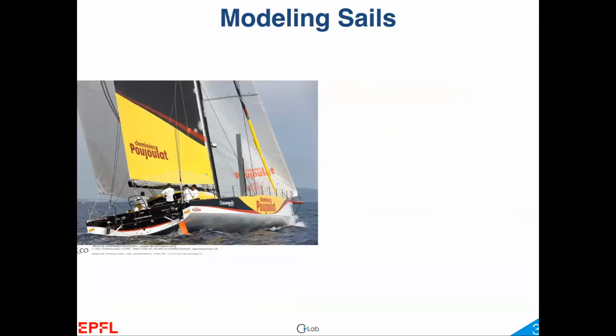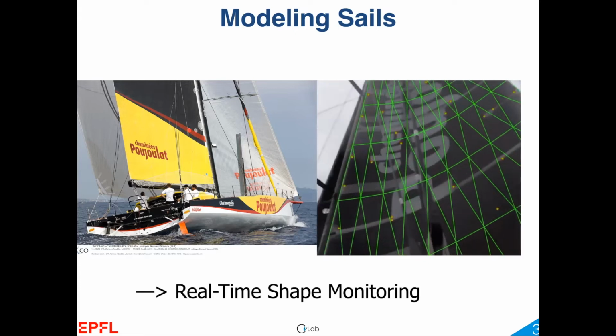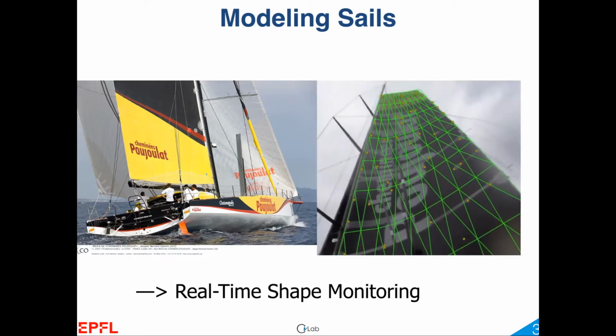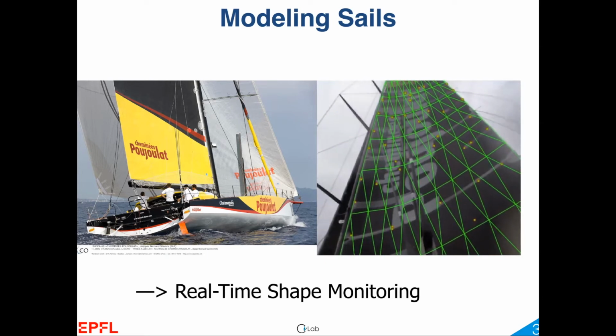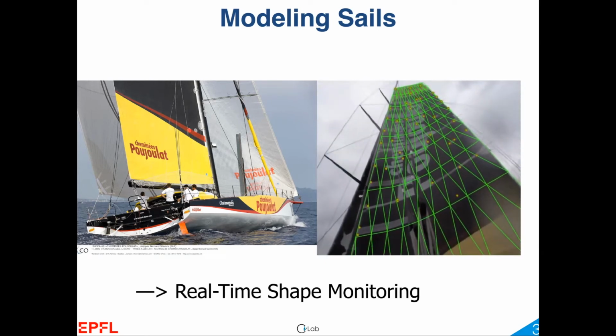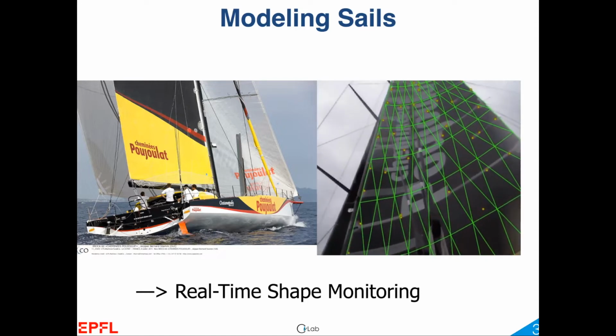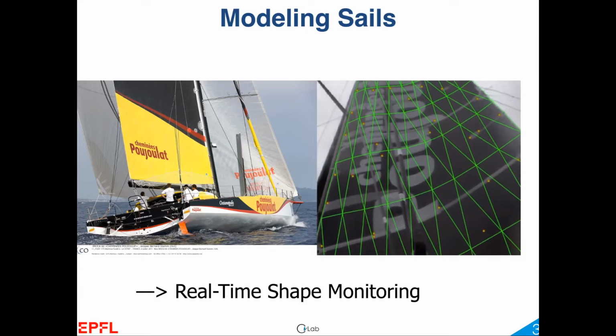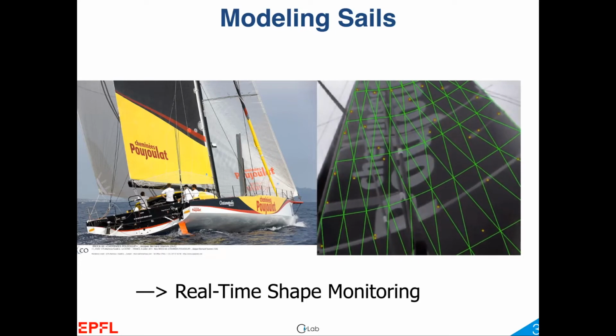So we've done quite a bit of that over the years. For example, we've done a lot of modeling of sails. This all started many years ago with Alinghi. And this is a different boat that did the Vendée Globe. The Vendée Globe is a race around the world where you have one sailor who is going to manage his boat for 70 to 80 days, and no one can do this at peak efficiency the whole time.